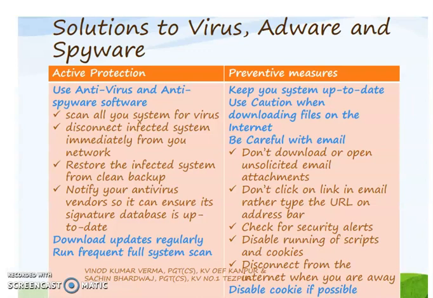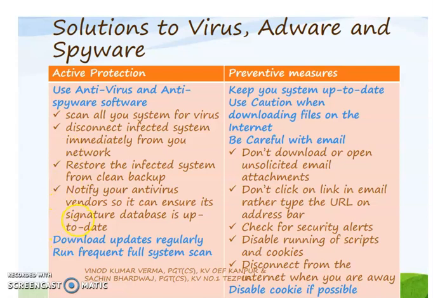Then the solution to virus, adware and spyware. See here, this one is active protection and this column is preventive measures. First one, use antivirus and anti-spyware software, which are the active protection that we can set first. Then scan all your system for virus. Then disconnect the infected system immediately from your network.